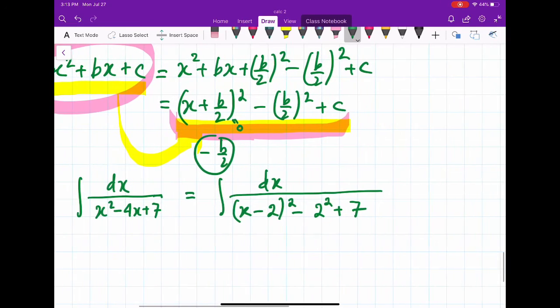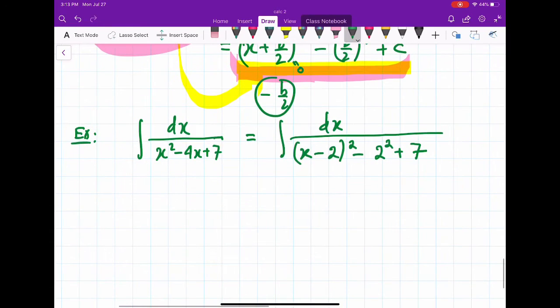Okay, so it is equal to dx over x minus 2 squared, and then I simplify that, I get 3.